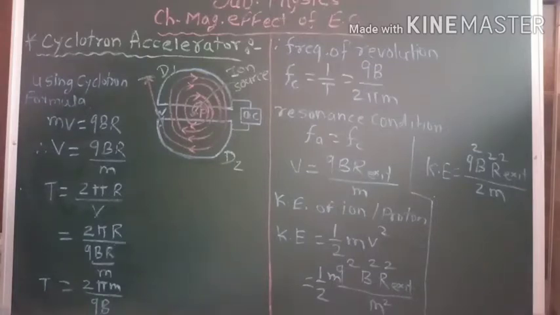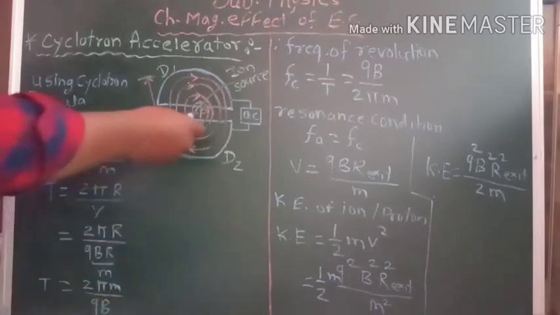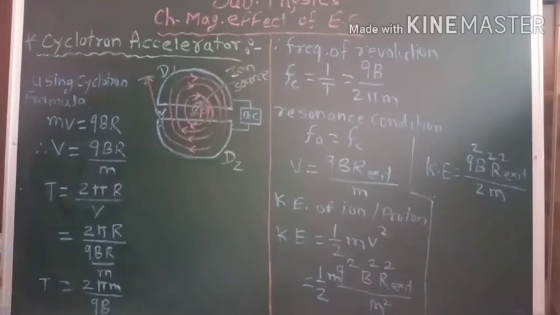Another use is to study the nuclear structure, in which both electric as well as magnetic fields are used in combination, and these are applied perpendicular to each other, and hence they are called the crossed field. The electric field and magnetic field are both used in this cyclotron accelerator, perpendicular to each other, and this is also called the crossed field.